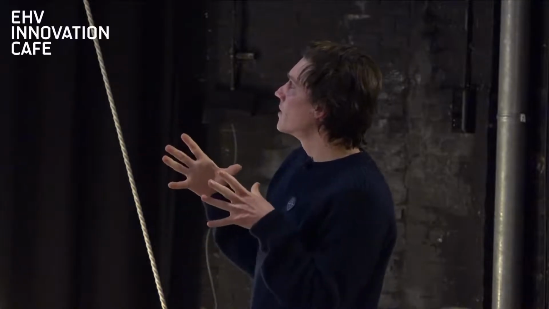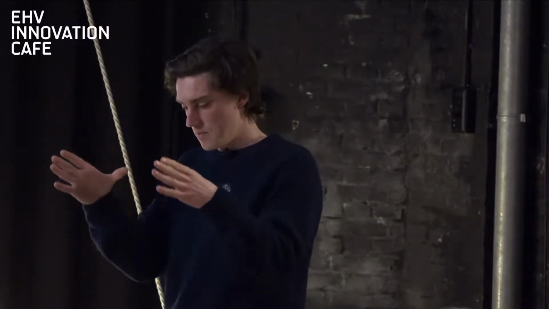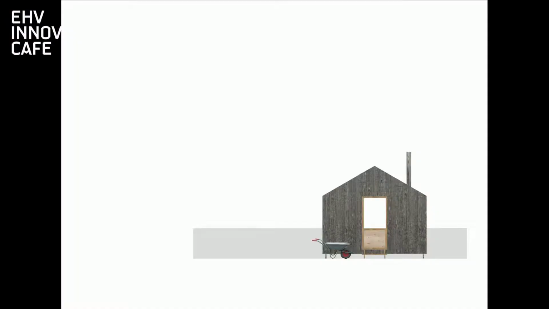Then this simple wooden volume is put on ground screws. So it's the little legs you see at the bottom, they're like 1.50 meter screws, and you drill them into the earth, and it forms the basis to put structures on.